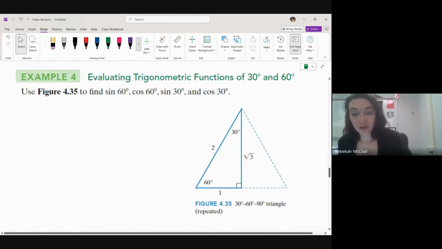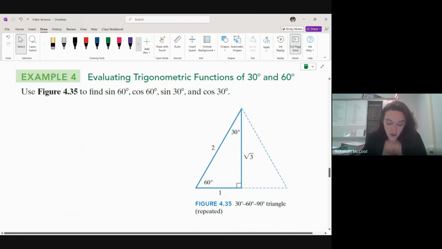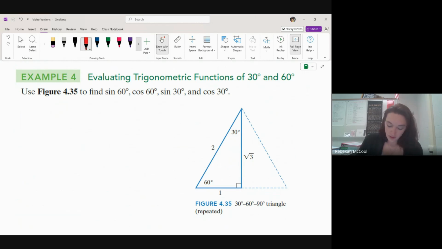Same idea here for helping us find sine and cosine of our other special degrees. So we want to find sine and cosine of 60. We're going to start there. Let me slide over to my highlighter. So our 60 degrees, that's pi over 3.